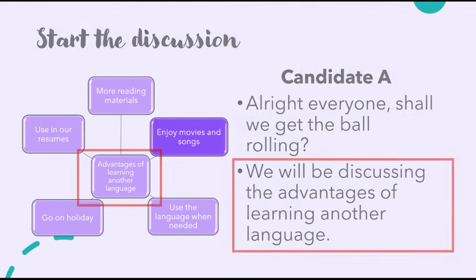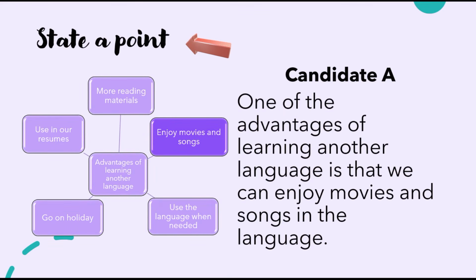The candidate then states the point. As could be seen here, the candidate has chosen the point, enjoy movies and songs. One of the advantages of learning another language is that we can enjoy movies and songs in the language.